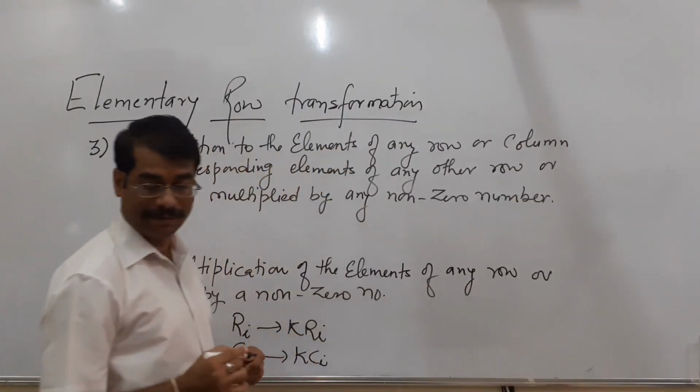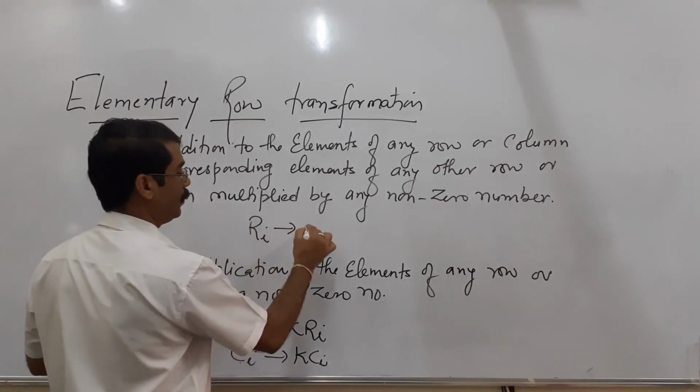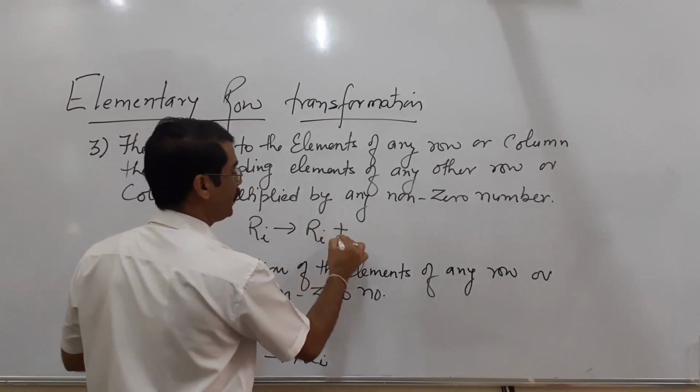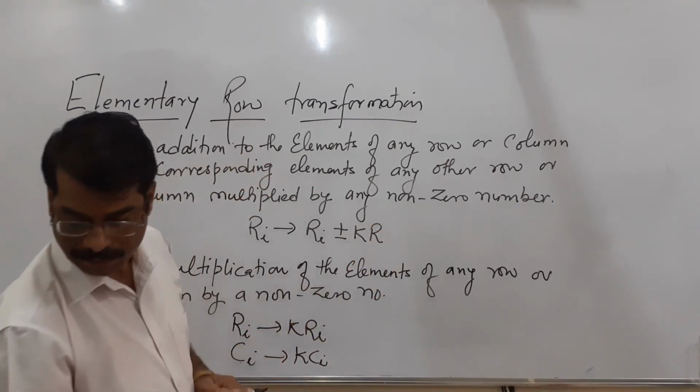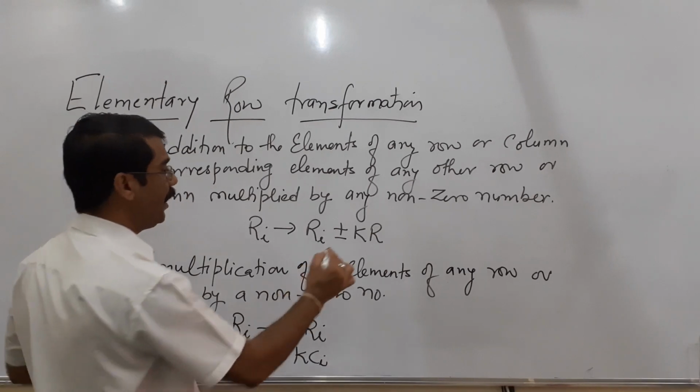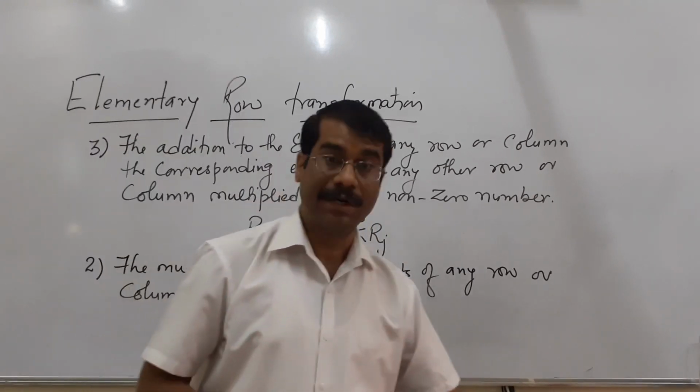What does it mean? It means Ri tends to Ri plus or minus k times of Rj. Now, it is very important to understand this third operation.